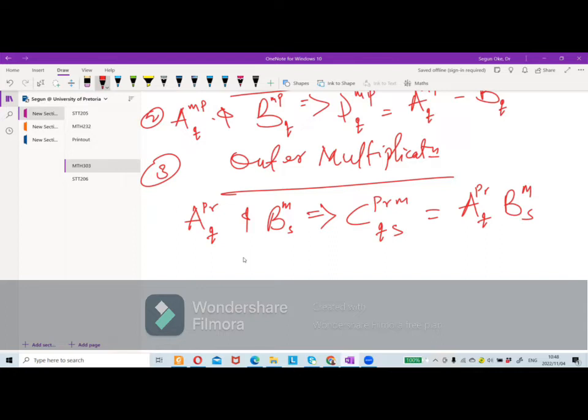Then let's look at this definition also for the matrix.